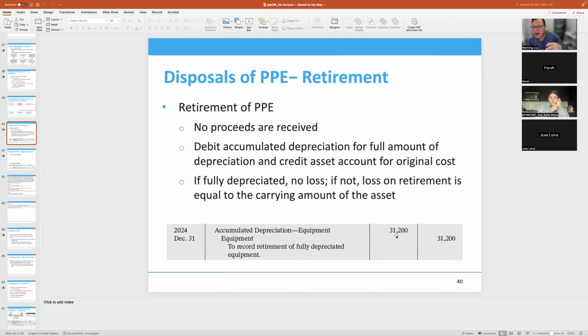On Thursday, I showed you that if you use a T account, it will be very obvious you have to credit equipment to close the equipment account, make the balance zero. And you have to debit cumulative depreciation on the equipment to close that account, make the balance zero. Okay, so we have done this.